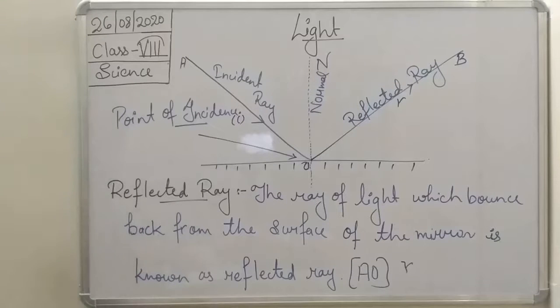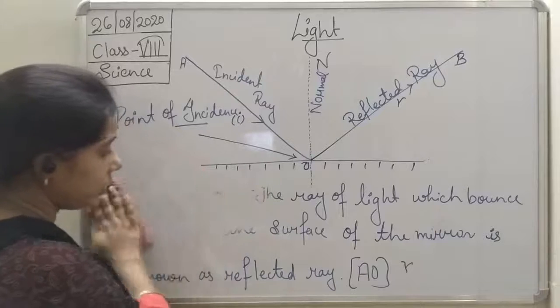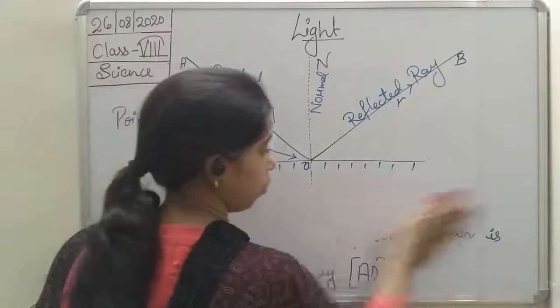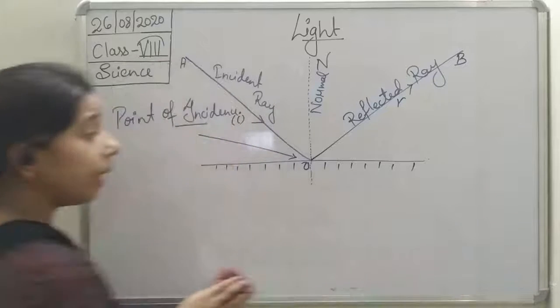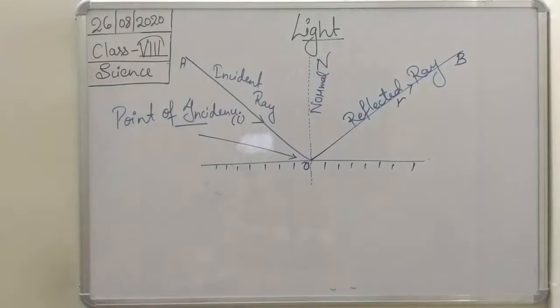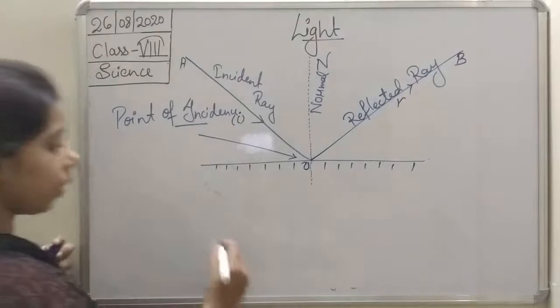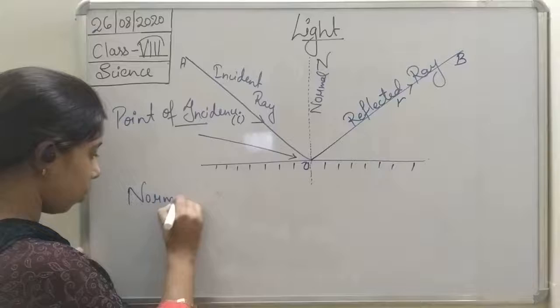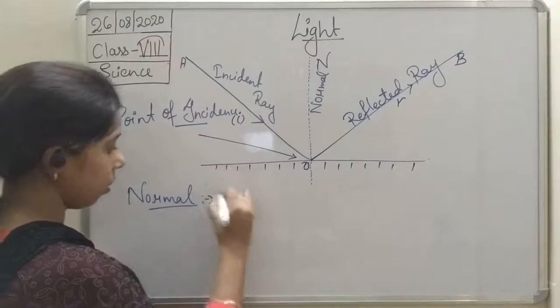Now we will talk about another ray, and that is the normal. So you see, student, normal. The line drawn perpendicular to the surface of the mirror at the point of incidence. So what is normal, student?